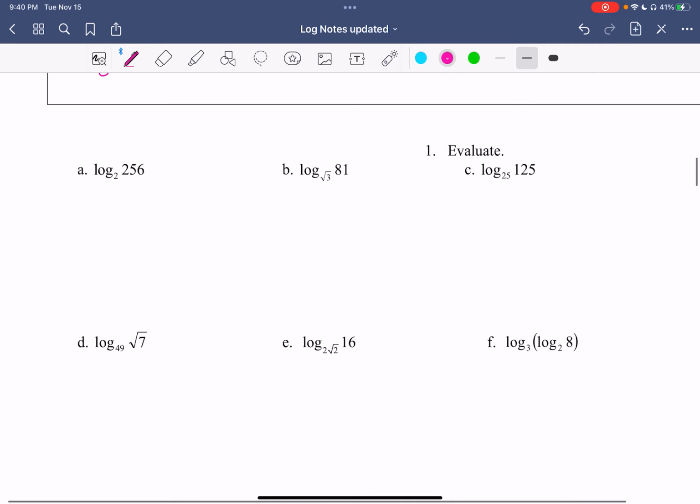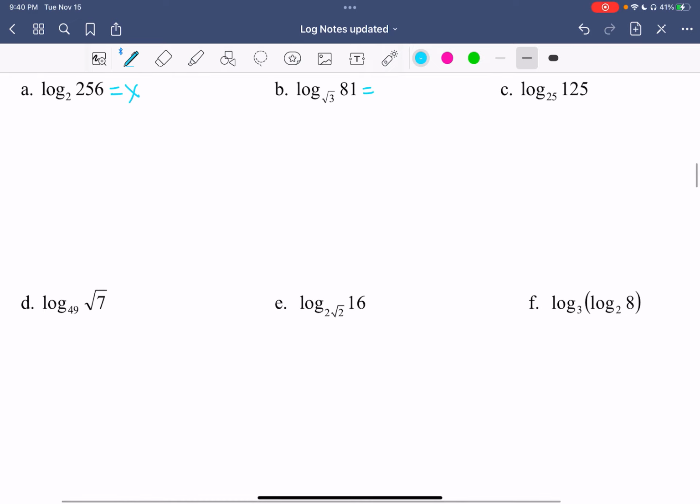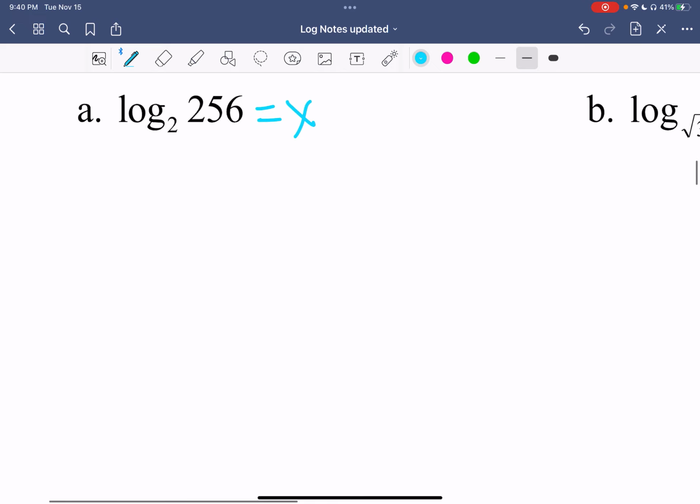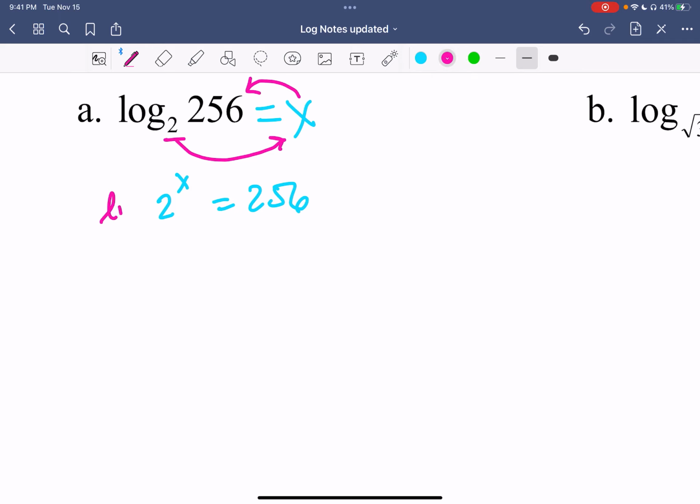Okay, we're going to do more examples of evaluating. I'm going to set all of these equal to x. We're going to do the loop-de-loop to convert it to exponential form. We have 2 to the power of x equals 256. Take the natural log of both sides.